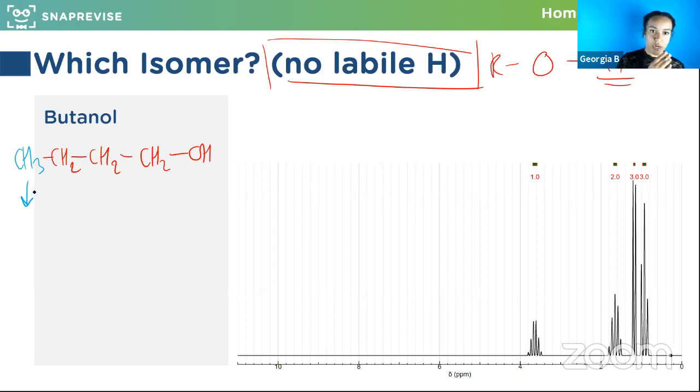Yeah, 3. That's because it's next to a carbon that's bonded to 2 hydrogens, so it's n plus 1. That's 2 plus 1, which gives us 3. So we'll have 3 mini peaks.